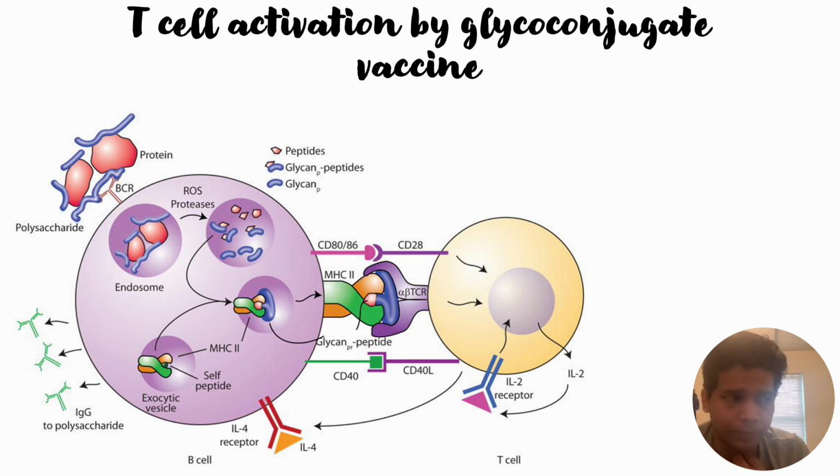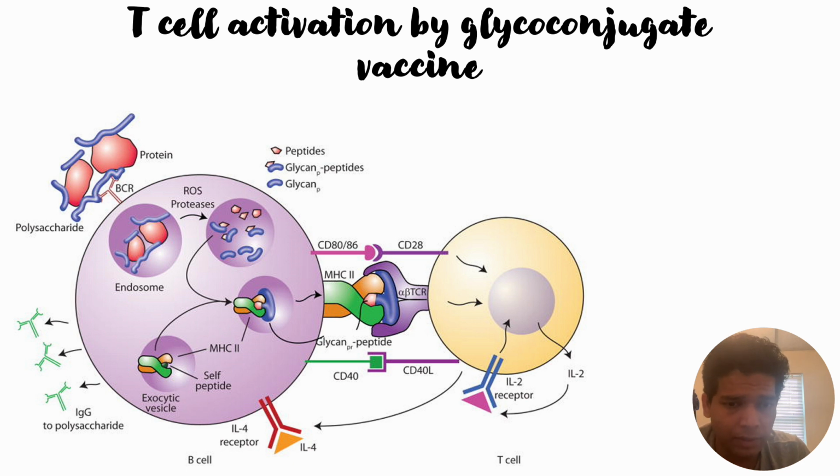Thereby the major histocompatibility complex will take some of the unique epitopes of these glycoconjugates and express them at the cell surface with the help of major histocompatibility complex 2.